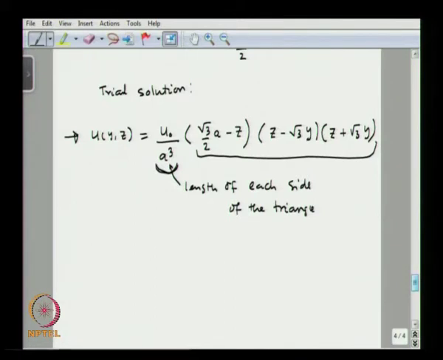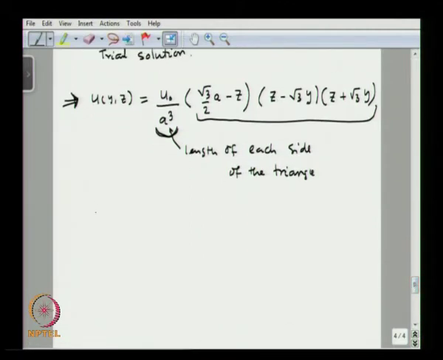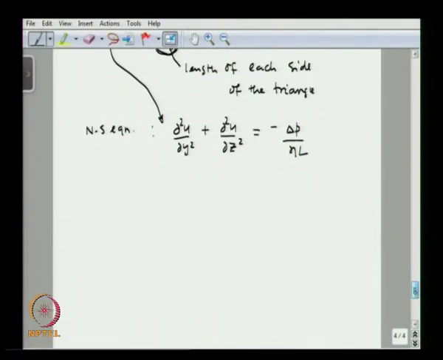So, if you substitute this trial solution in our partial flow equation, the Navier-Stokes equation, del square u over del y square plus del square u over del z square is minus delta p over eta L. If you substitute in this equation, you would get u0 equal to 1 over 2 square root of 3 into delta p over eta L into A square.